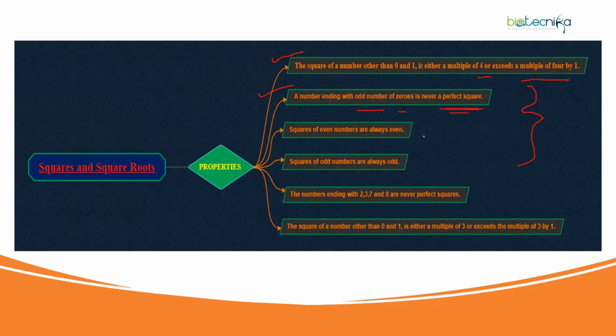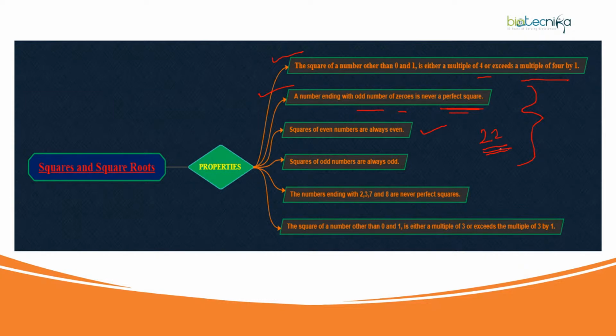Third is square of even number are always even. कोई भी even number का square, 22 का square निकालेंगे तो इसका square हमेशा एक even number आएगा. Okay, square of even numbers are always even, right?